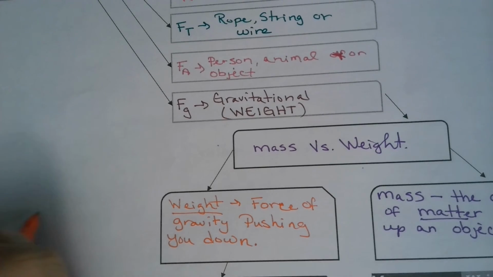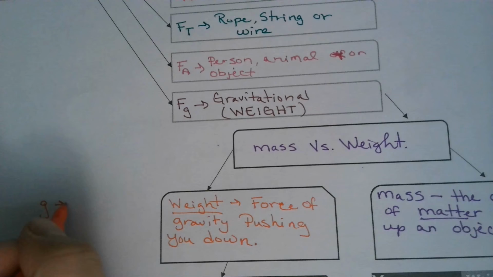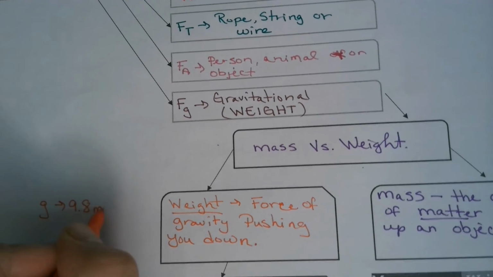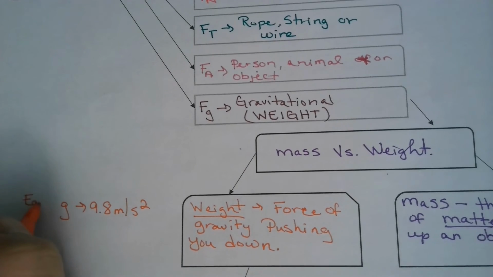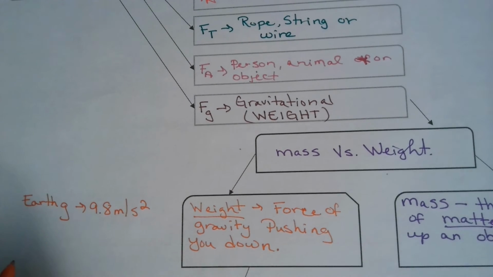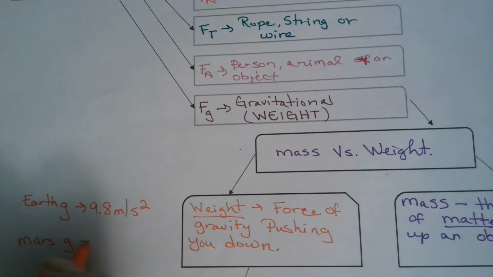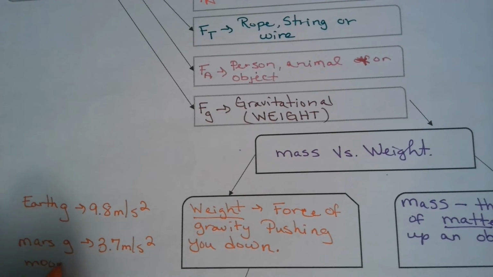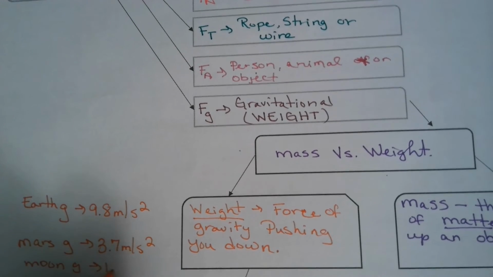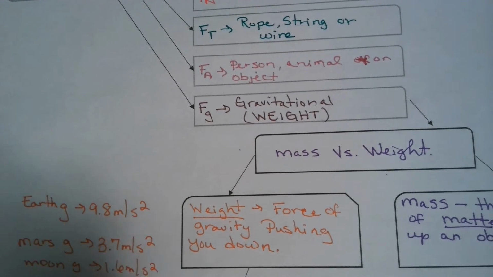On Earth, the gravitational acceleration is 9.8 meters per second squared. This is for Earth. The gravitational acceleration for Mars, on the other hand, is a lot smaller at 3.7 meters per second squared. And the gravitational acceleration of the Moon is 1.6 meters per second squared.